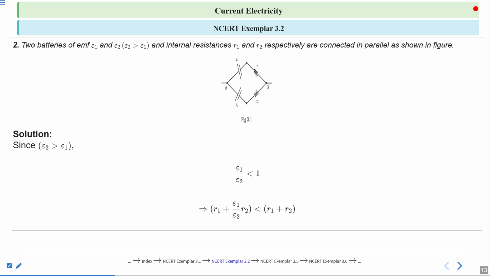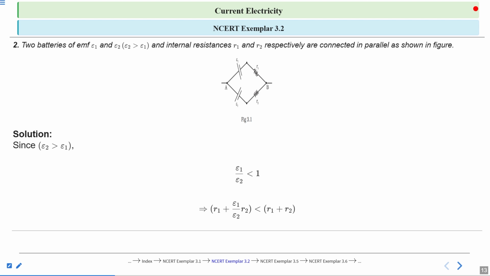If some value less than 1 is multiplying with R2, the whole term will be less than R2. So this left term will be less than R1 plus R2.